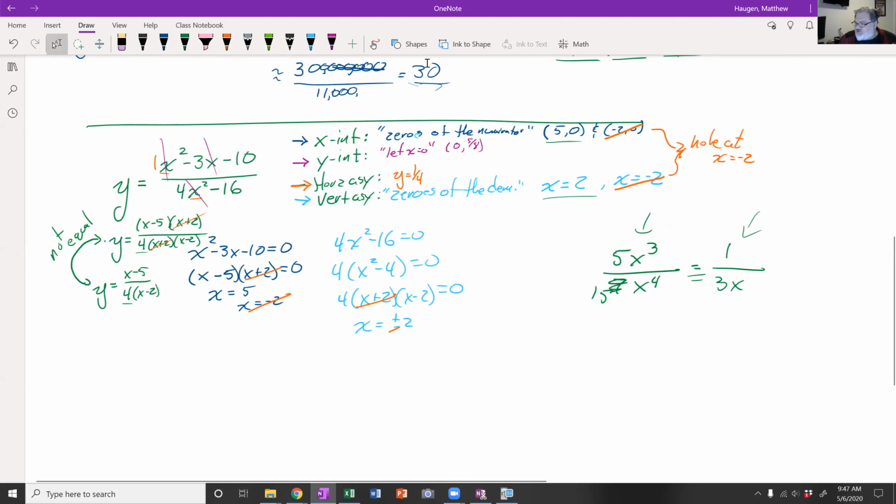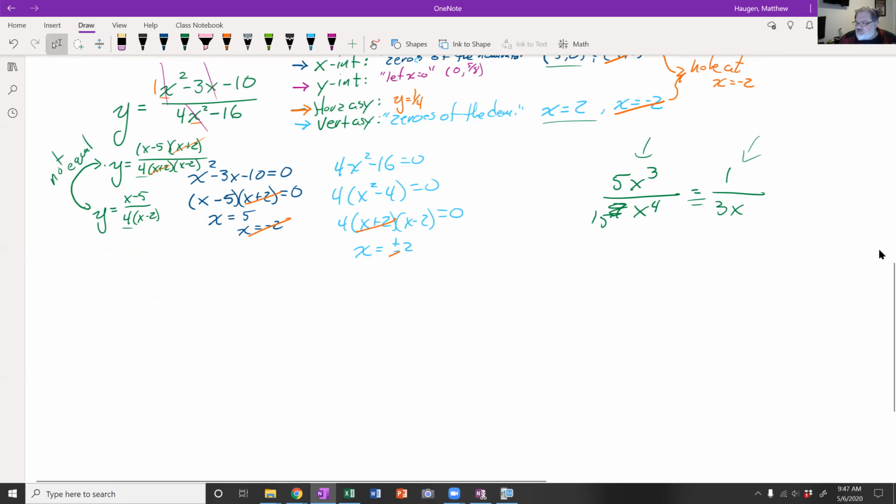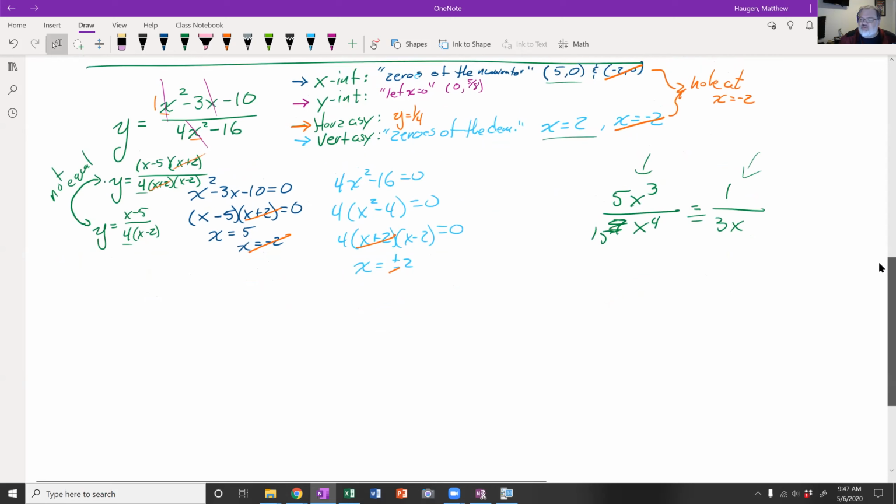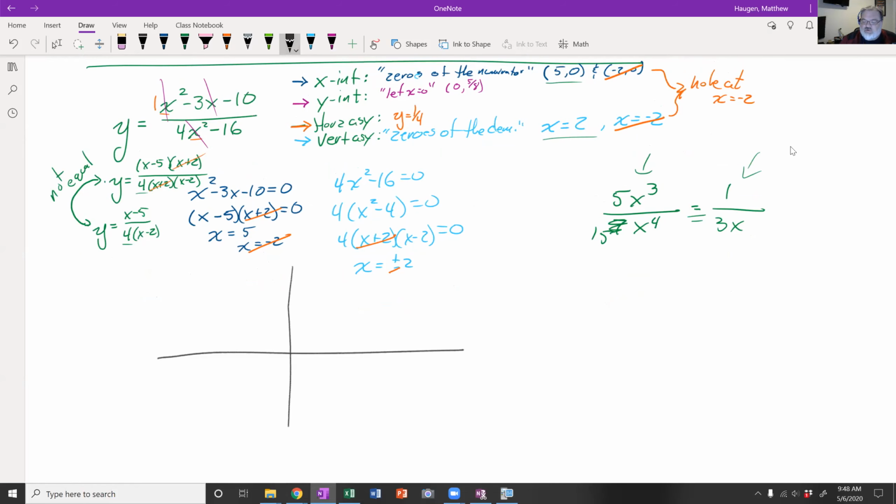So if we wanted to, say, graph this, I know Desmos can graph it for us, but part of our goal here is to be able to feel where those graphs are coming from. We're going to have that vertical asymptote at 2, so a vertical asymptote at 2.